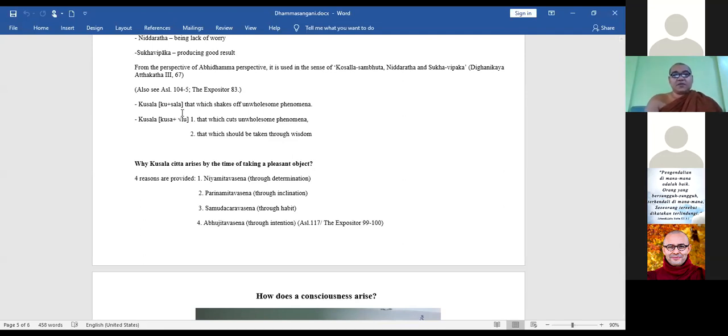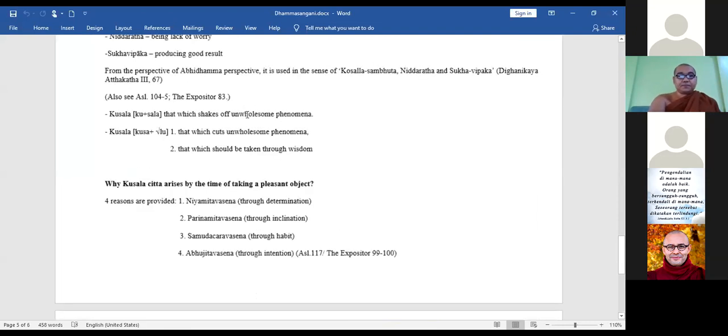Whenever kusala citta arises, then there will be no unwholesome citta or akusala citta. Another interpretation is a combination of kusa plus lu. Lu is a root, the root side is given here.